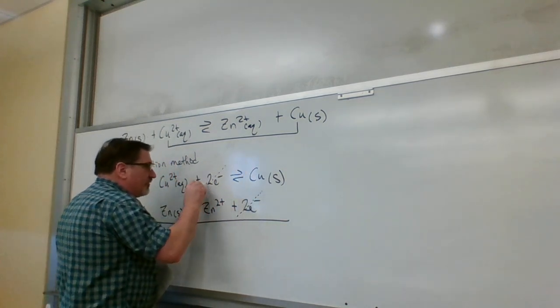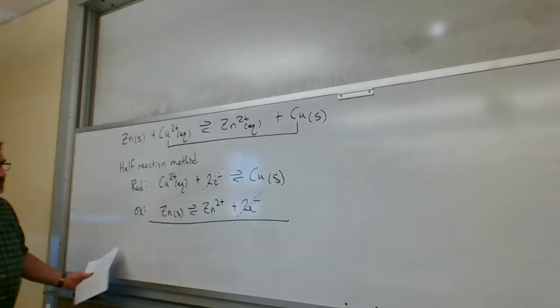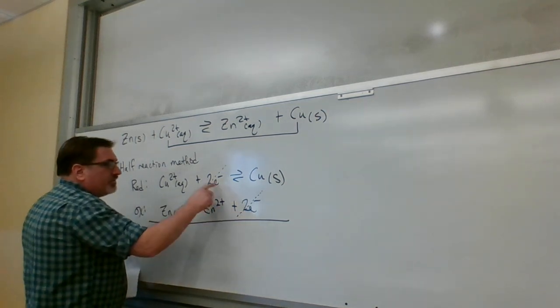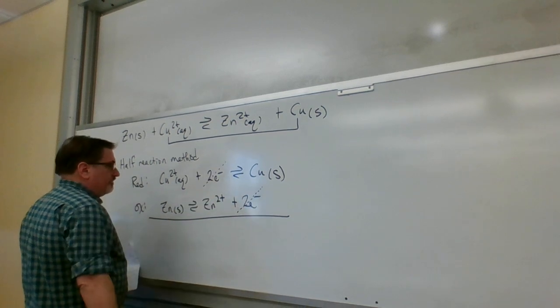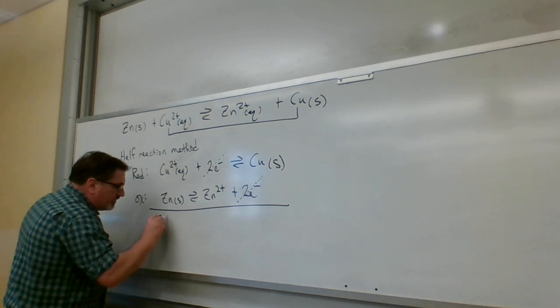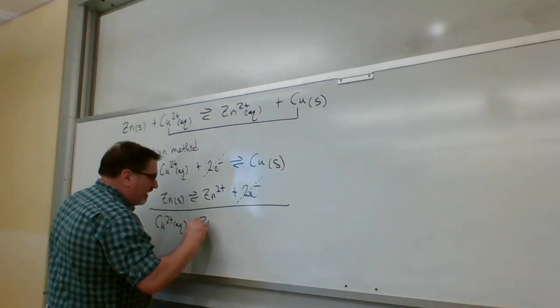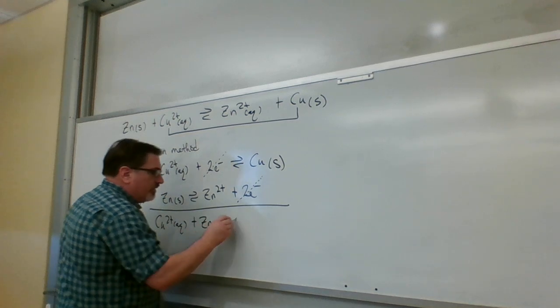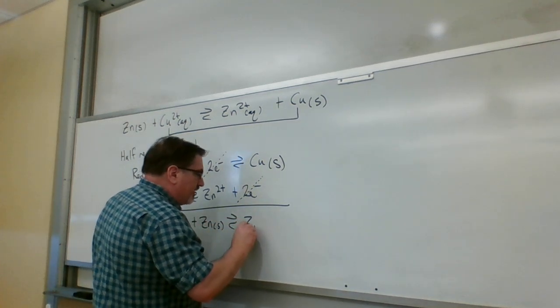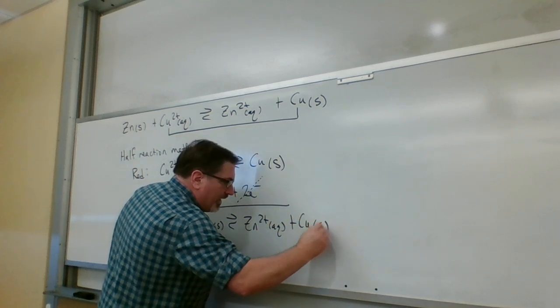In this case, it's the 2 electrons in each of the individual half-cell reactions. 2 are produced, 2 are consumed. So when we write this out, we write what's left over. Cu2+ plus Zn as a solid makes Zn2+ aqueous plus Cu as a solid.